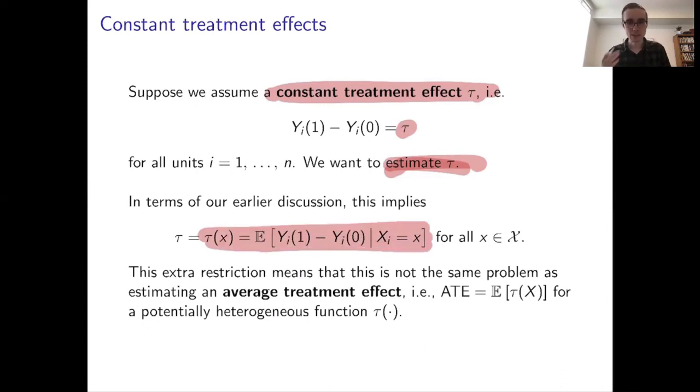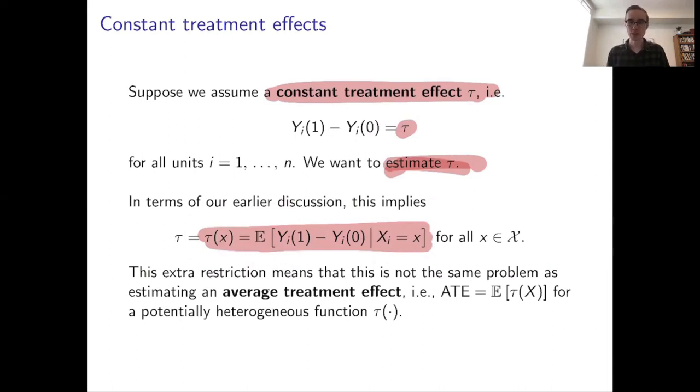And of course, if treatment effects are constant, then this means that the conditional average treatment effect function, tau of x, is just constant tau for each value of x. And actually, for estimating purposes, this is what we're going to use to motivate our approach, not this stronger assumption here. I'm going to say more about this later.